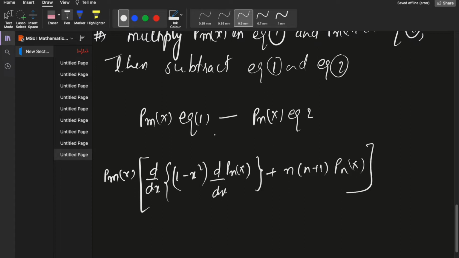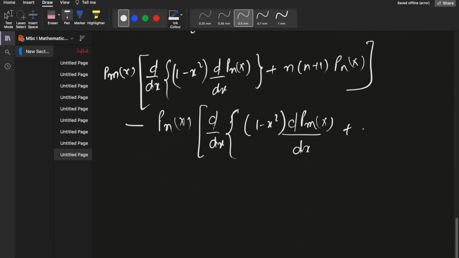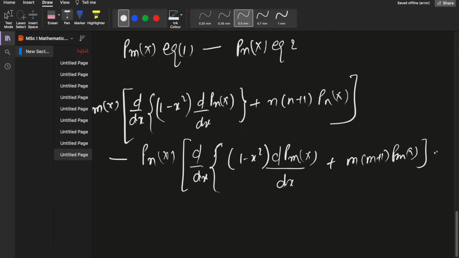So this is our first, I just multiplied Pm with equation 1, minus Pn(x) with d upon dx of (1 minus x square) dPm(x) upon dx plus m(m plus 1) Pm(x), which is equal to 0.